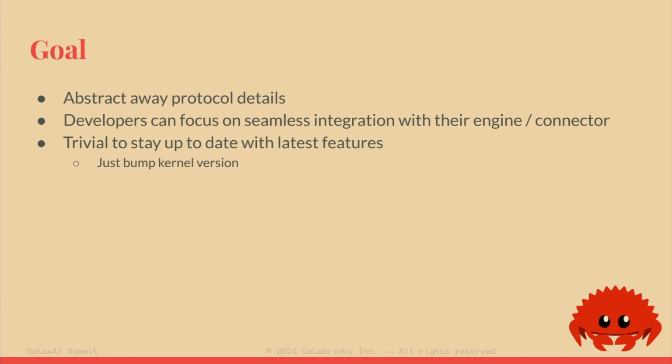And then once they've done the work of adding this integration, they can easily stay up to date with the new features, because we don't want the APIs of the kernel to change too significantly, hopefully very little. But once you update the kernel, it just understands more, and you can use the new, latest and greatest features of Delta.